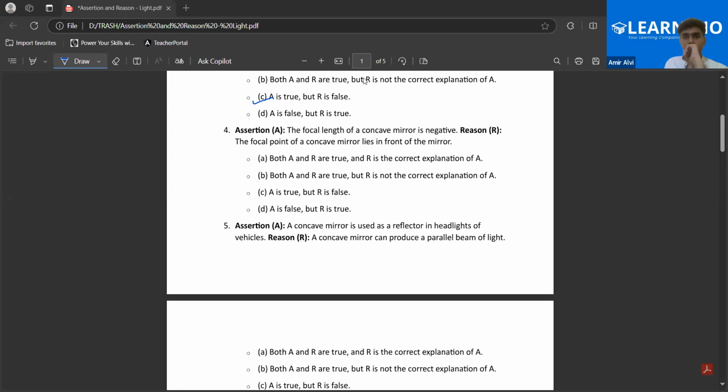Okay, I got the answer. Faizan, also write the question number along with the options. From now onwards, also write the question number.